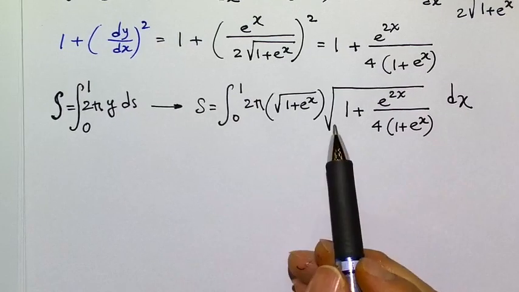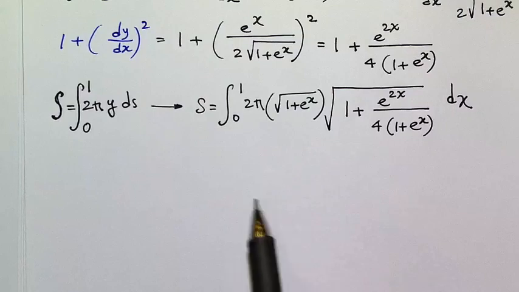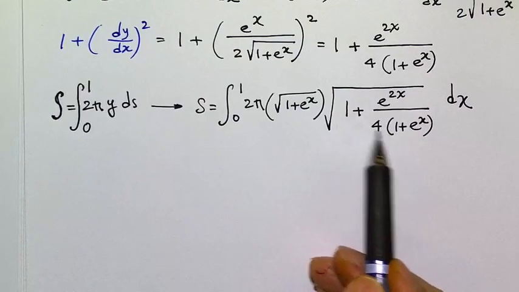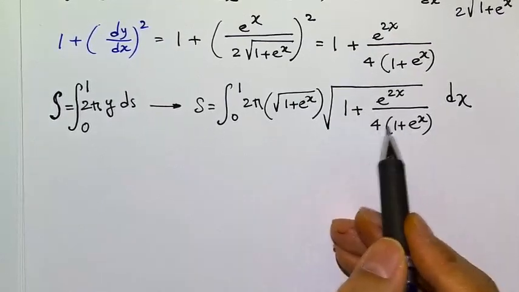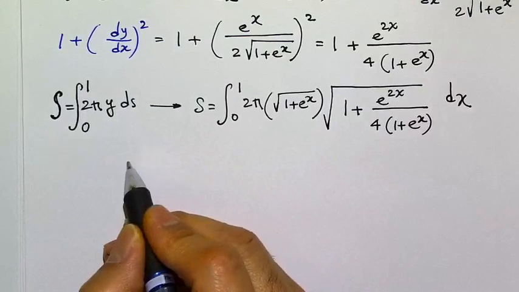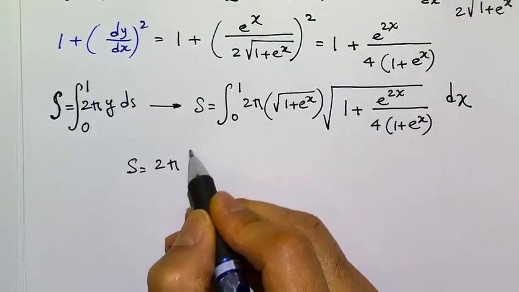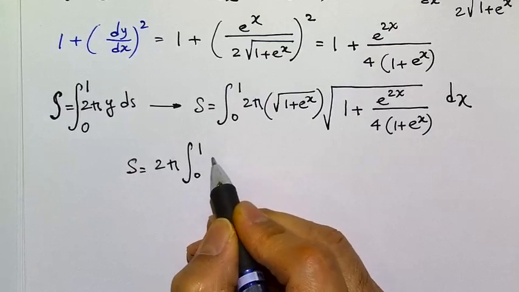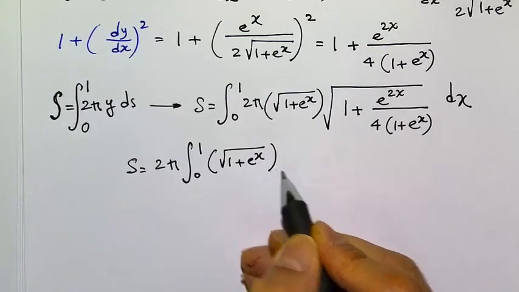Okay, so now if we distribute, let's take the common denominator first. So we'll end up with s equal to 2 pi from 0 to 1 of the square root of 1 plus e to the x.